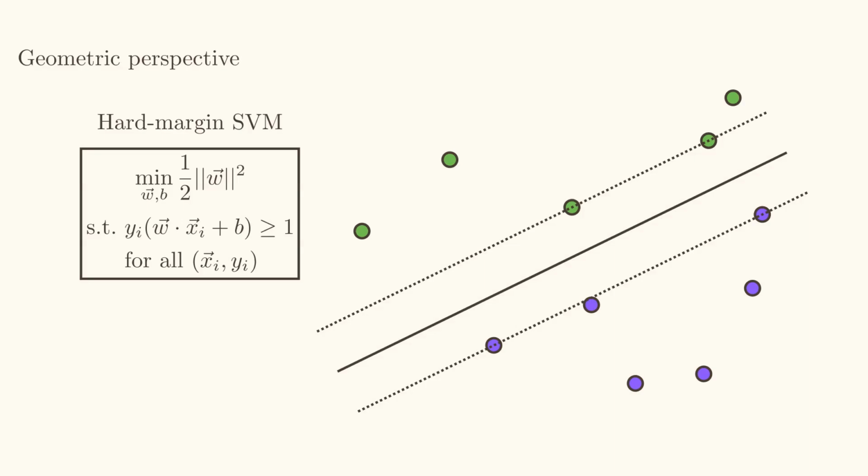Note that some training samples ended up being located directly at the margin zone border. Leaving these points out of the training set would lead to a completely different result. As these samples are so crucial for defining the hyperplane and margin zone position, they are also called support vectors.